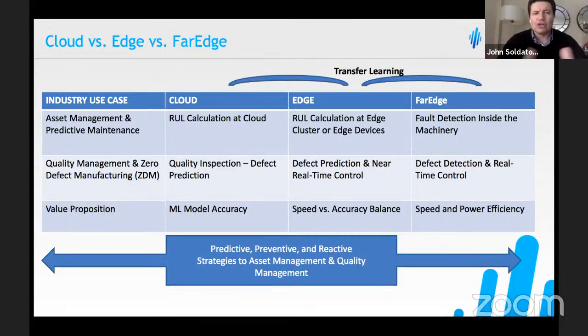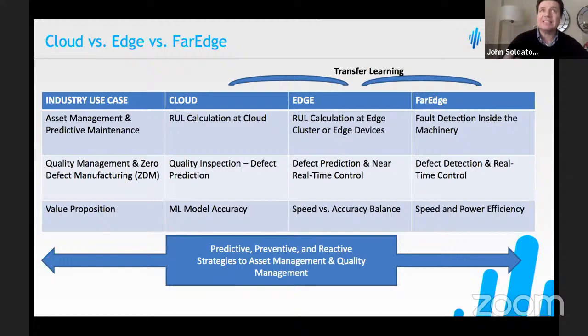Now, I put this in the context of an Industry 4.0 use case, which is probably one of the most popular industrial use cases: intelligent asset management, predictive maintenance, or in the broader sense, quality management of products and parts. So you've got good reasons to do the remaining useful life calculation in the cloud, because that's how you're going to build an accurate model.